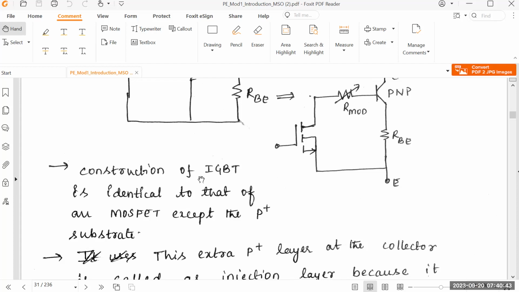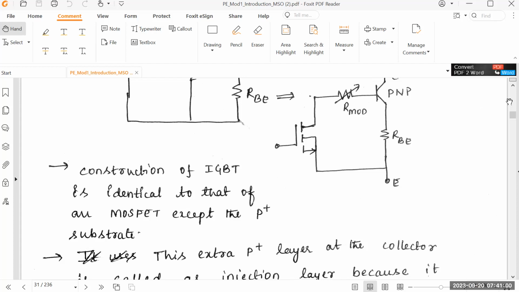If I design a P MOSFET, the substrate will be N type, and the source and drain will be P type. So you have only one substrate, either P or N.